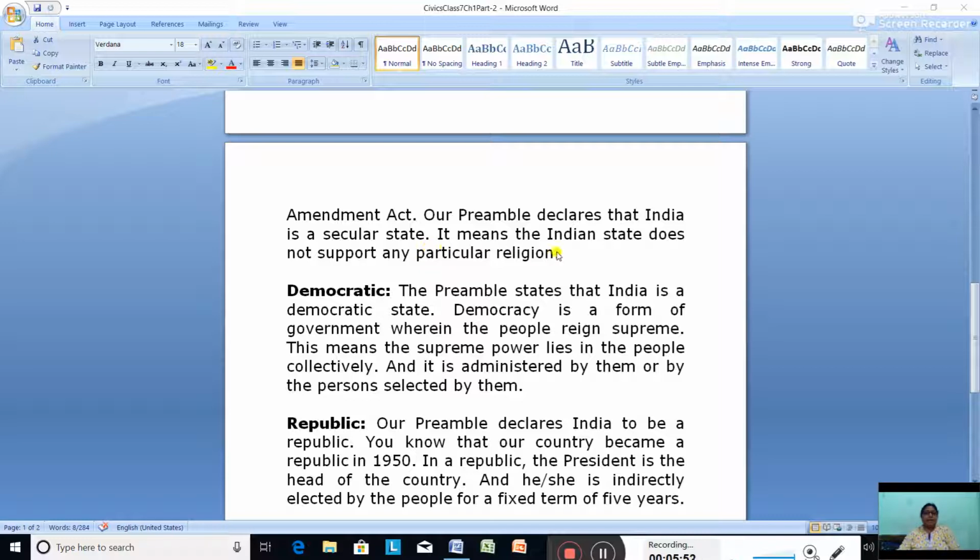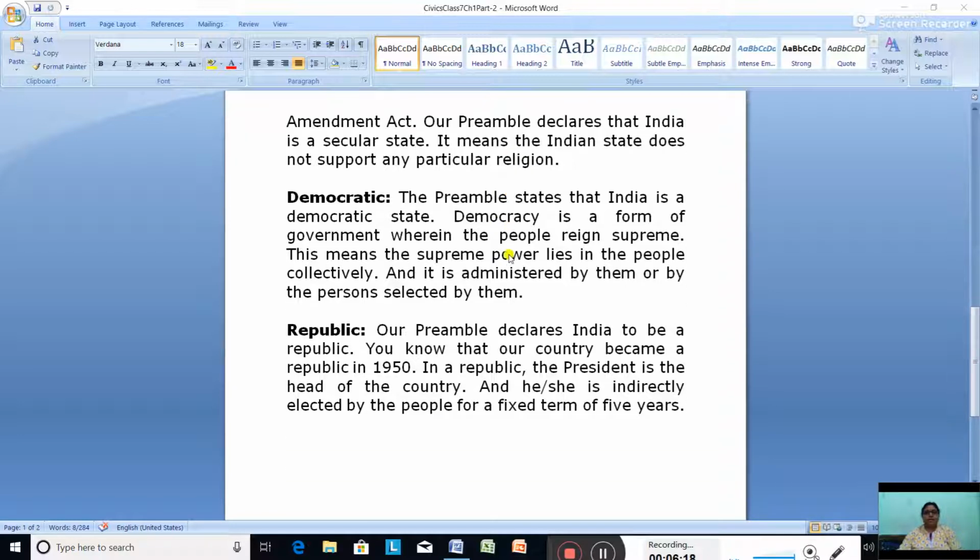It means that the Indian state does not support any particular religion. All religions enjoy equal recognition and equal respect. This means a secular state. The next is democratic.